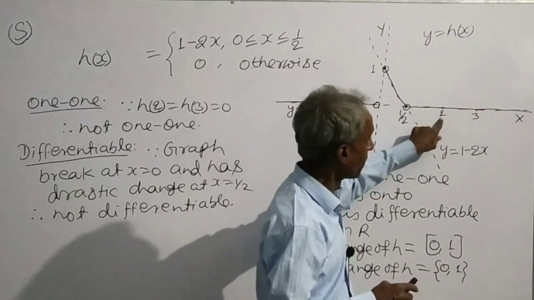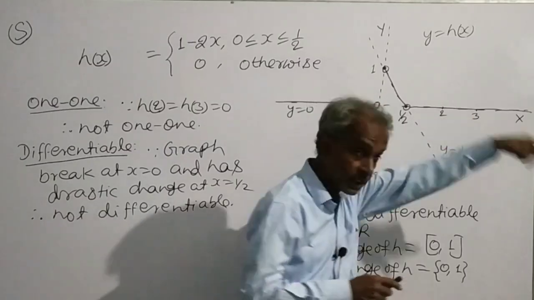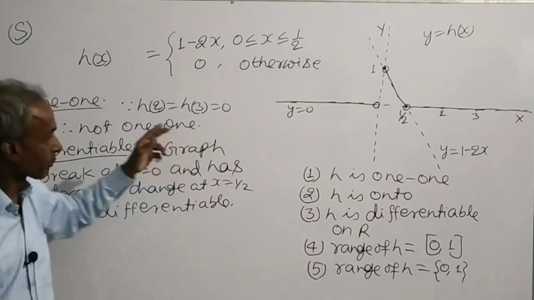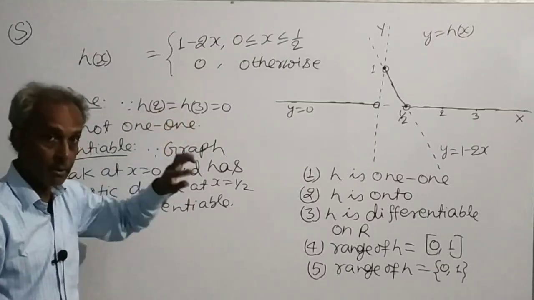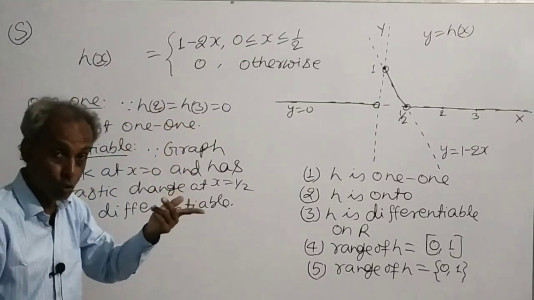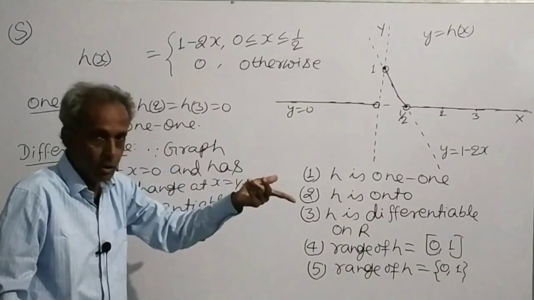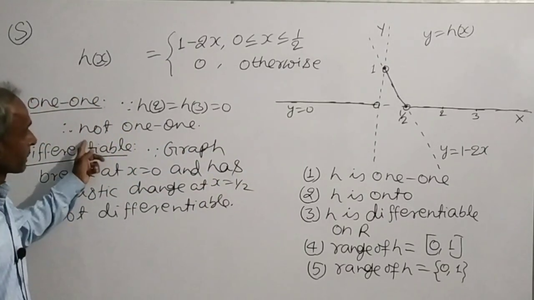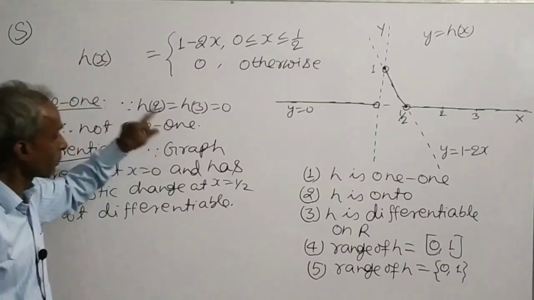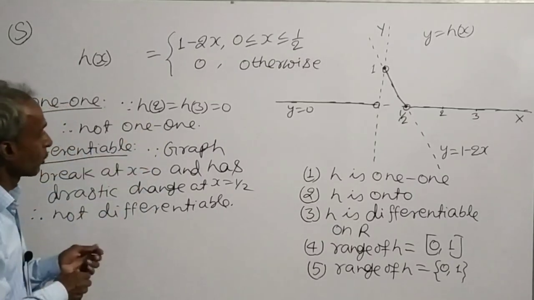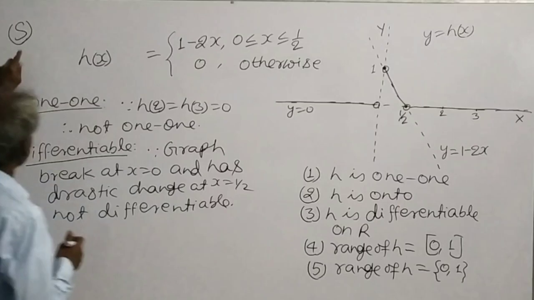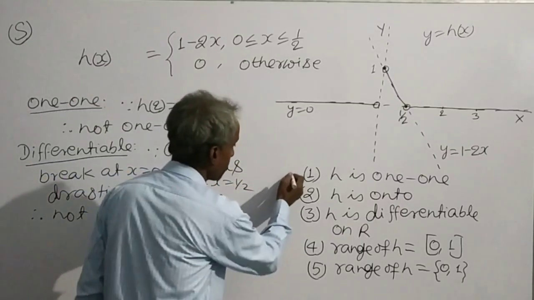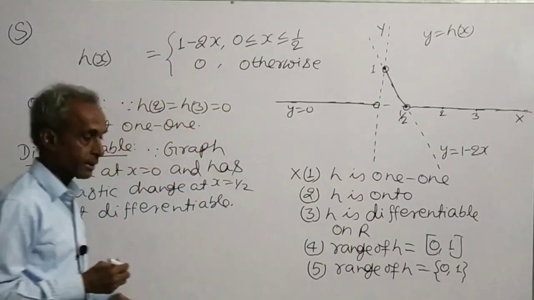That means h(2) is 0, h(3) is 0. If the height of the curve at any two different x coordinates is equal, then the function is not 1-1. Therefore, we will not match this entry S with this entry 1.